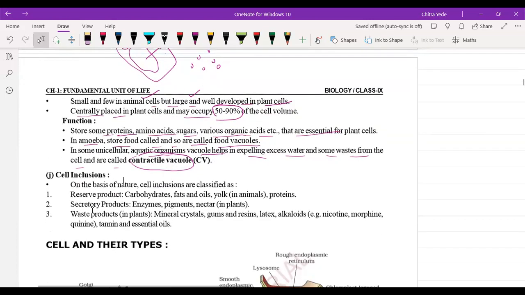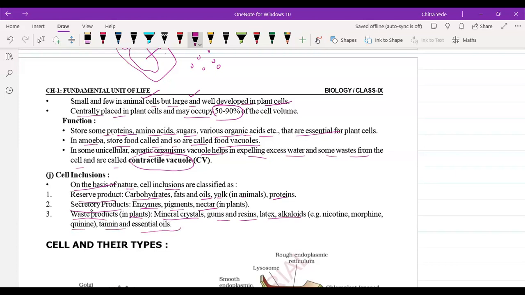Then we have cell inclusions. On the basis of nature, cell inclusions are classified as reserve products, like carbohydrate, fat, oil, yolk in animal cells, protein, etc. Secretory products include enzymes, pigment, nectar in plants. Waste products in plants include minerals, crystals, gums and resin, latex, nicotine, morphine and quinine, tannin and essential oils.